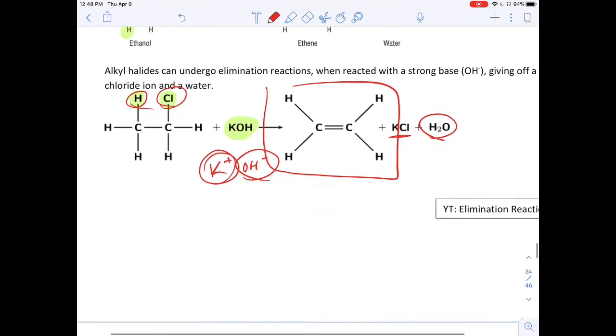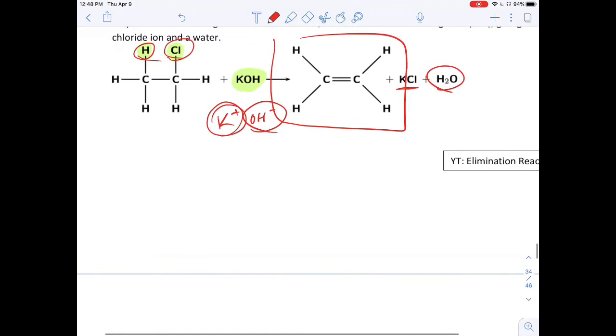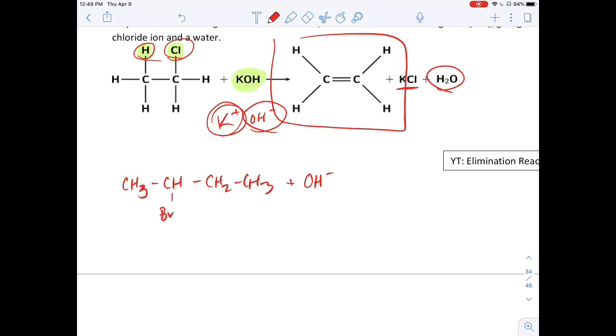And so obviously, again, this is another case where you might have isomers forming. So if I had CH3, CH2, CH3, and if this was, let's say, a bromine, and I put it in the presence of a strong base, so we'll just say it's an OH minus. Maybe it was NaOH or something like that.